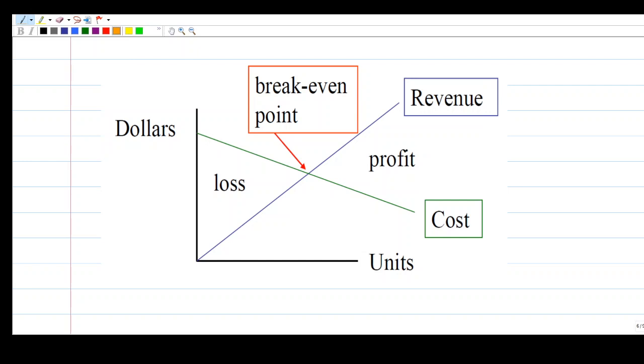So as the number of units increases, your cost function, which is given in green, is an increasing linear function. Your revenue function, as more units are sold, is going to increase. So the linear function given in blue is an increasing linear function.